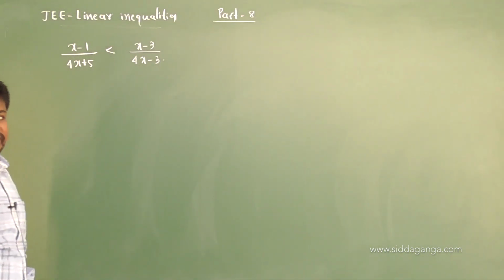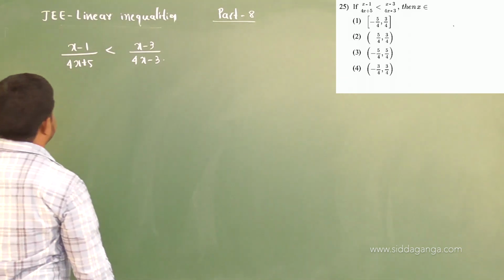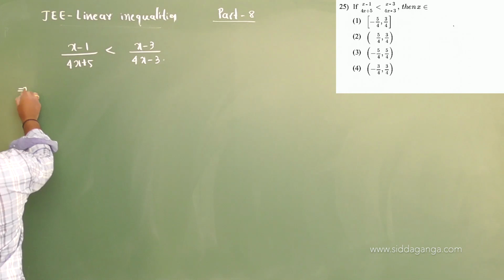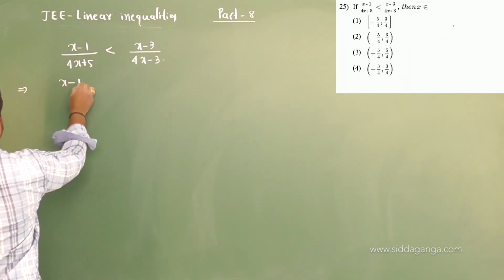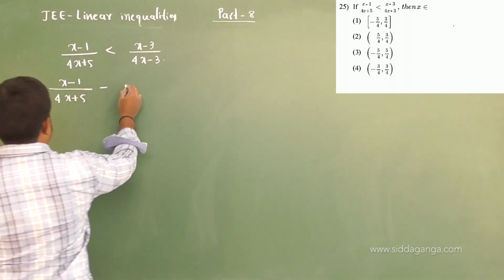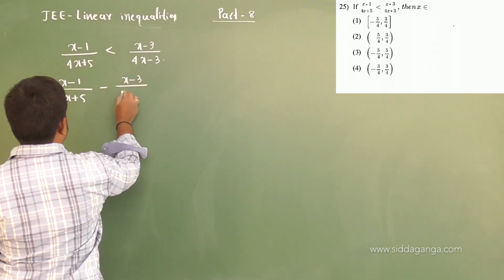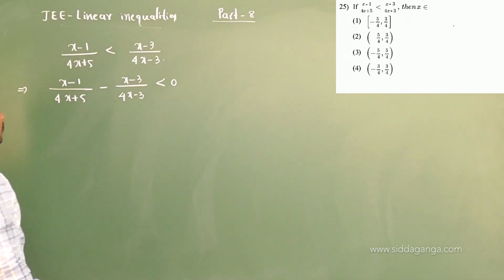This is true for what values of x among the options? Okay. Adding minus of (x minus 3) by (4x minus 3) on both sides, you get less than 0.